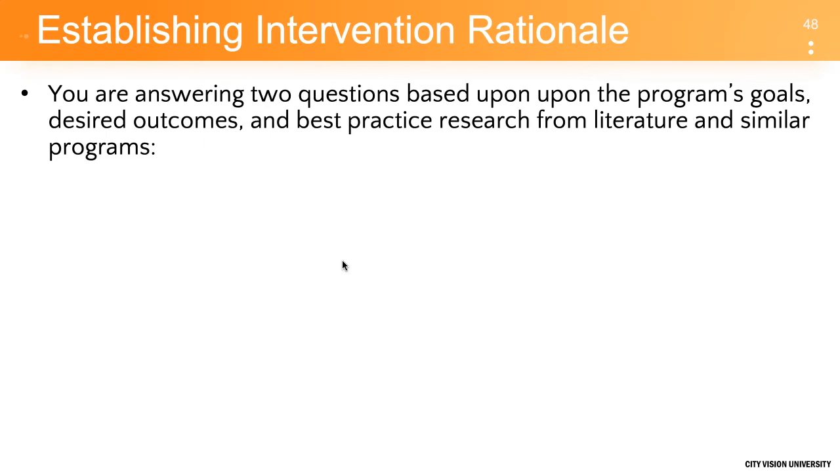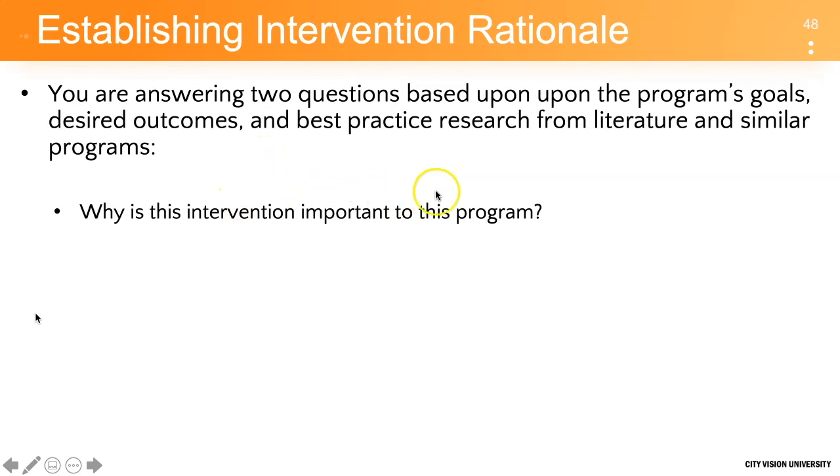that you may wish to bring into your program, or different aspects you may wish to bring as you create a program. When it comes to identifying an intervention, that becomes more difficult because now you have to defend and explain why you are choosing the path you are choosing. And it really comes down to two questions based upon your goals and your outcomes. And here they are.